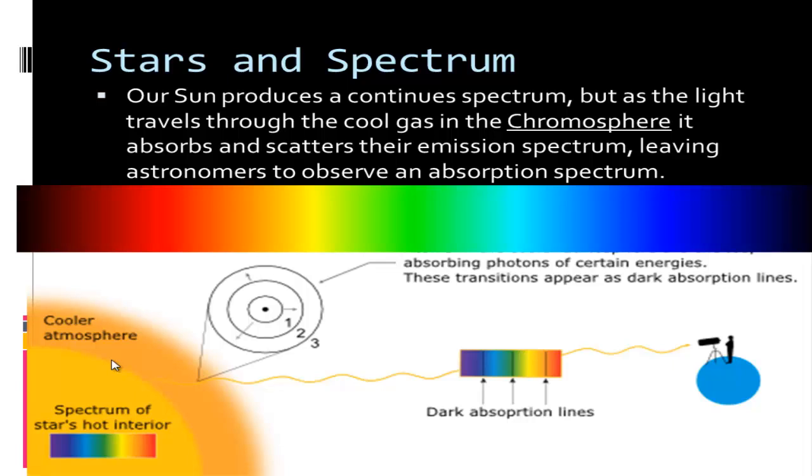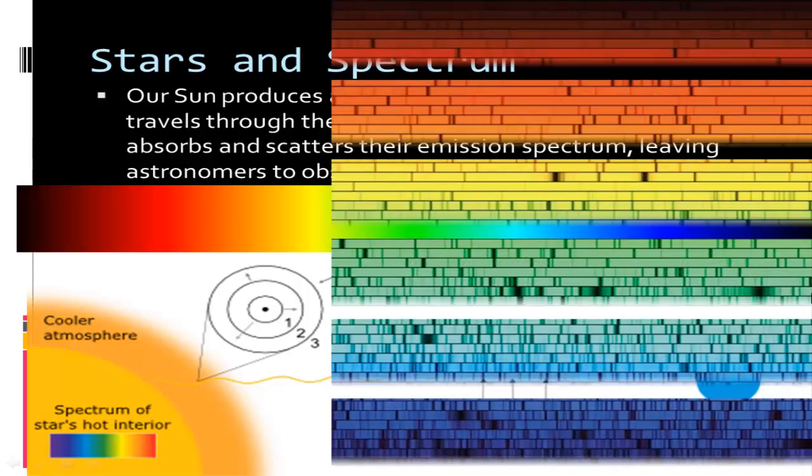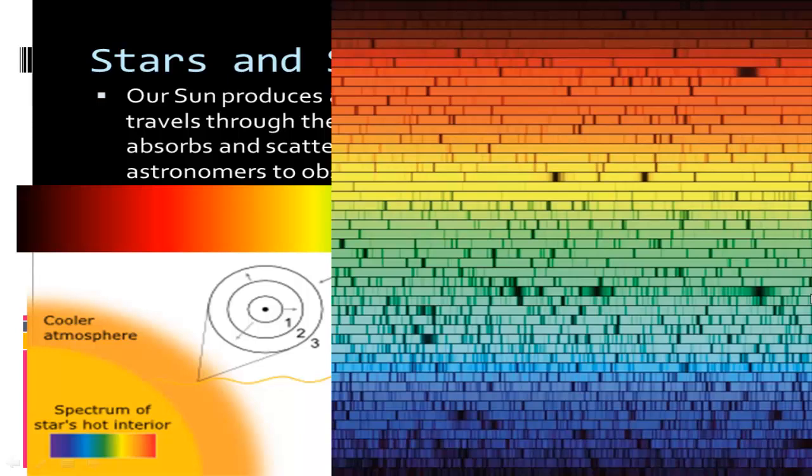And depending on what is floating around in the sun's atmosphere, we get different absorption lines. If we looked really close, this is what we would see. A lot of absorption lines, which means there are a lot of different chemicals floating around in here. And what scientists can do is pick out the different spectra found in here and identify what's in the atmosphere.